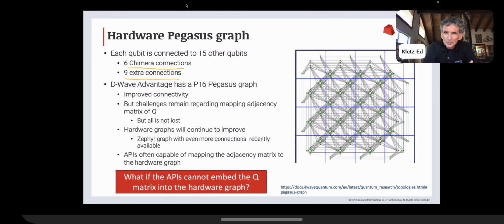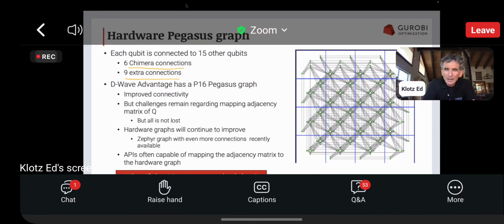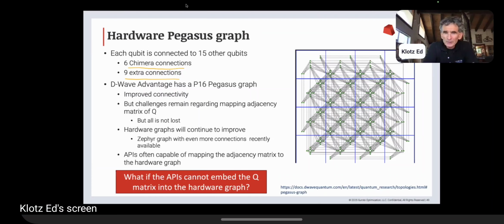Unfortunately, I think the answer is no. We did talk a little bit about how, so far, the classical optimizers seem to be doing better on most of the integer programming optimization problems.